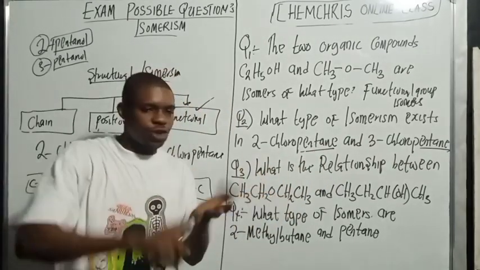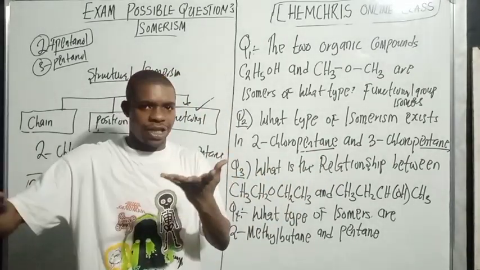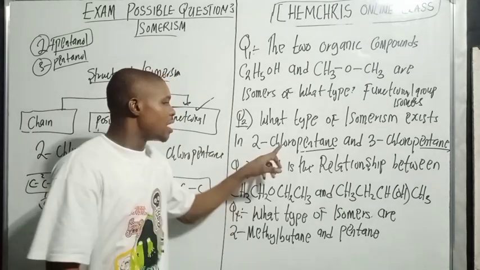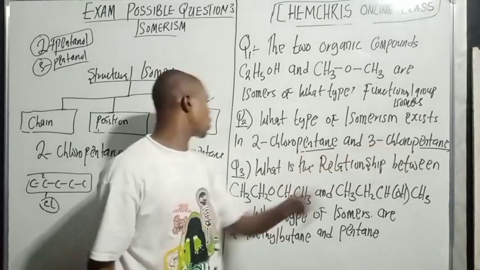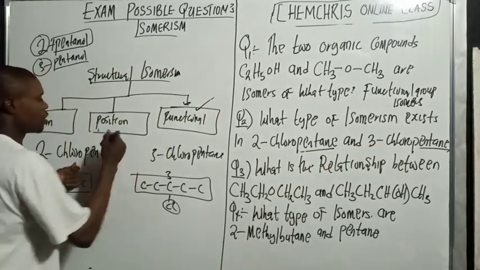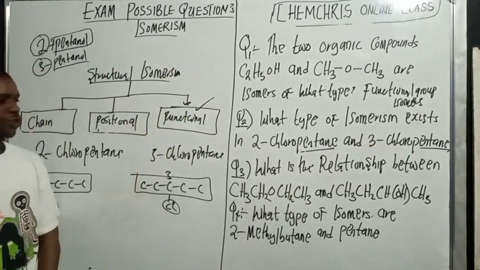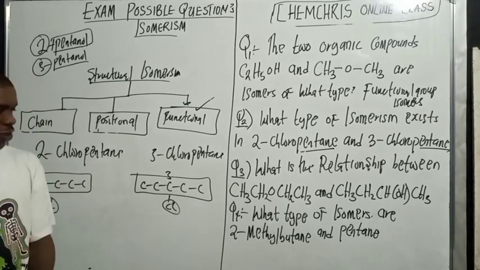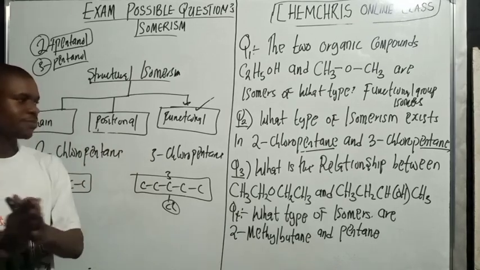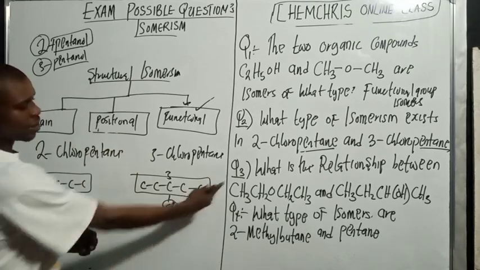They have the same functional group and the same parent chain. The only difference is chlorine at carbon number 2 and chlorine at carbon number 3. That is called positional isomerism.